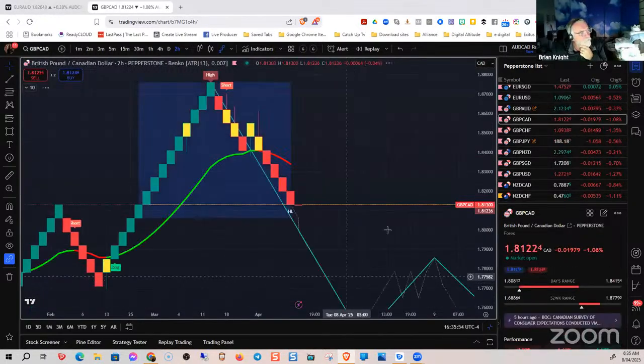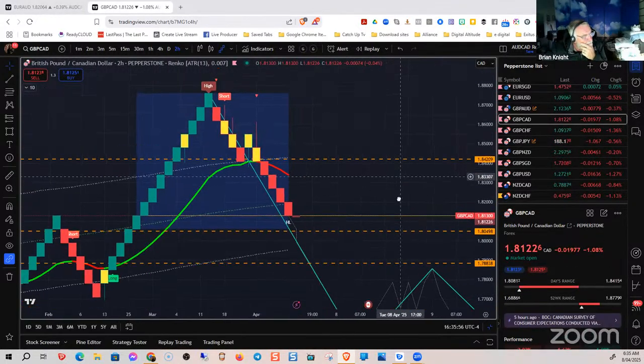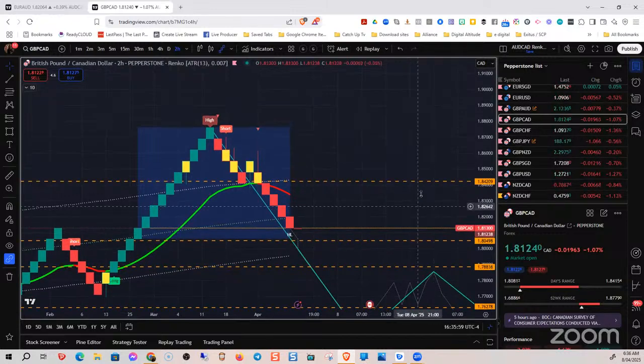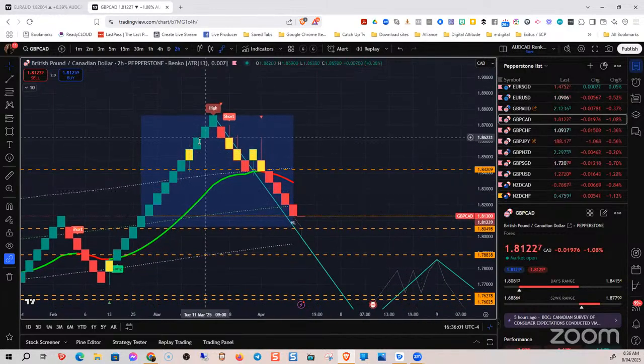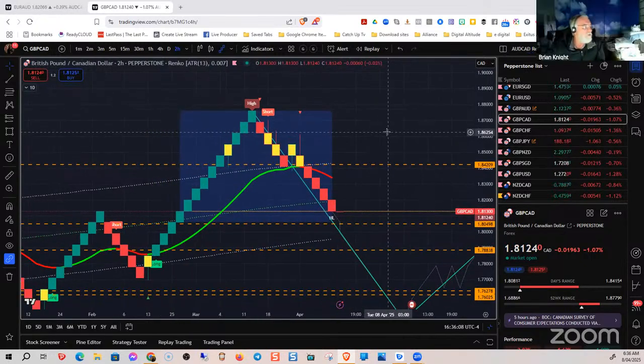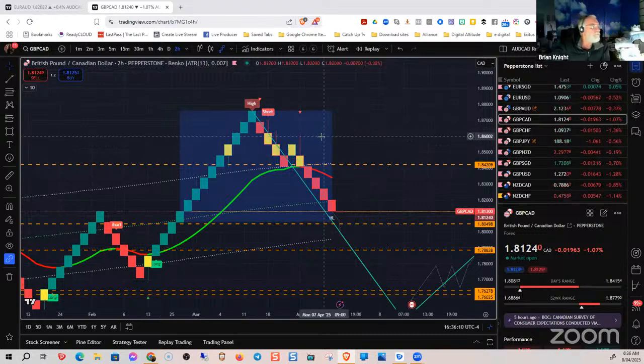GBP CAD. Came into my kill box, came out of my kill box. I'm in this. Let me try and work this.